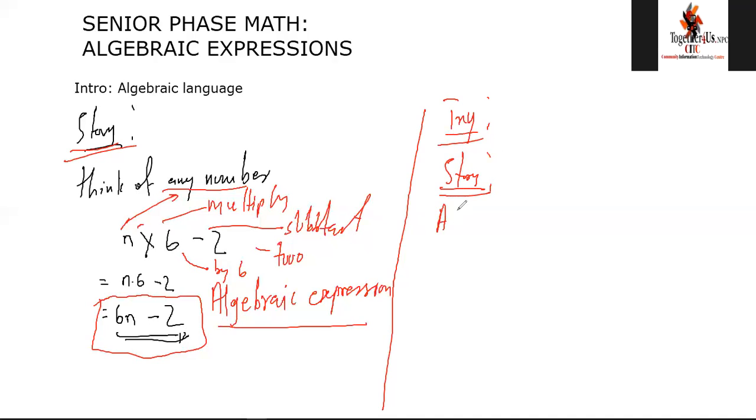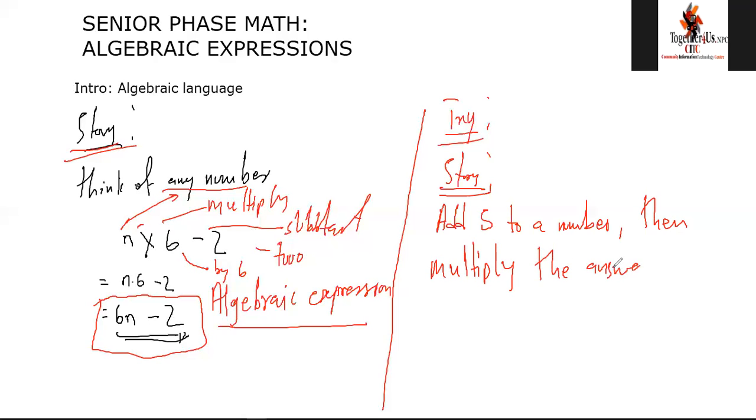Add 5 to a number, then multiply the answer by 3. Try that.